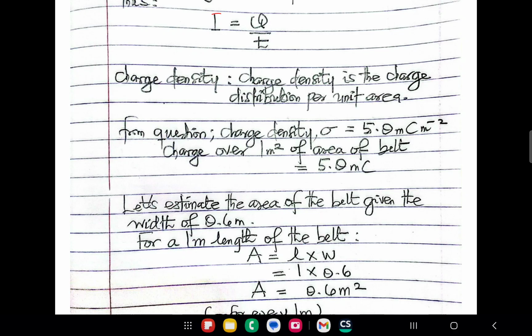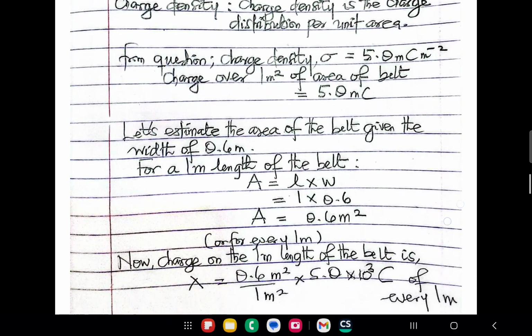For every 1 meter of the belt, we want to find the area, and then we can extend it to find the charges on that area. Picking a 1 meter length of the belt with a width of 0.6 meters, as given in the question, gives an area of 0.6 meters squared.